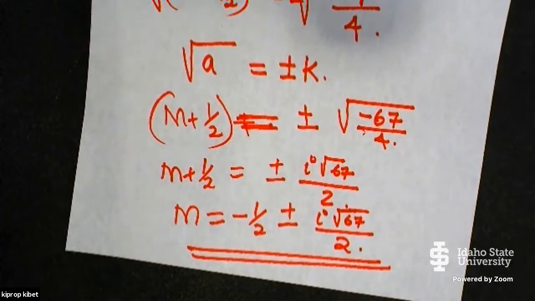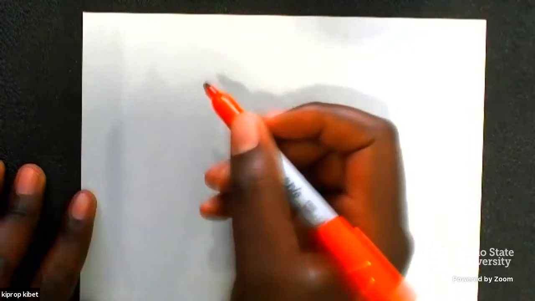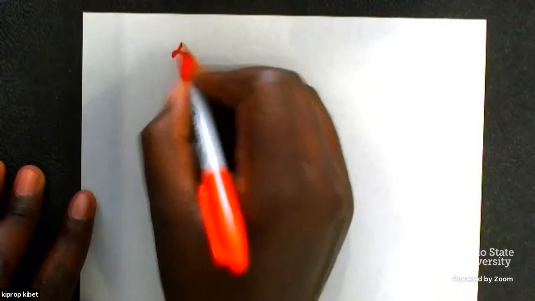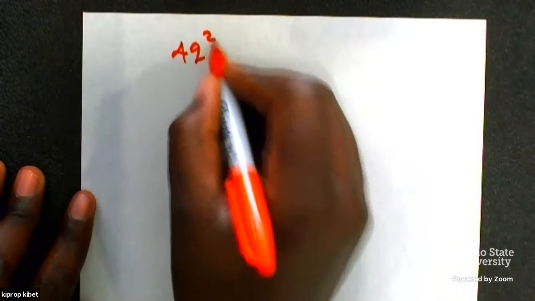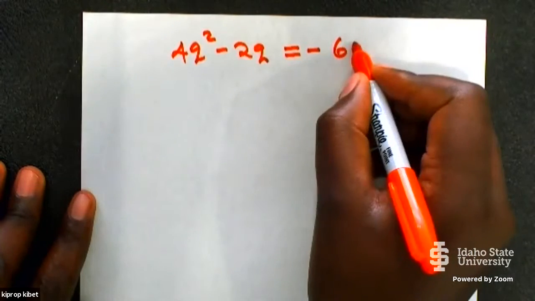Okay, let's do one example here. Solve 4q squared minus 2q equals minus 65.